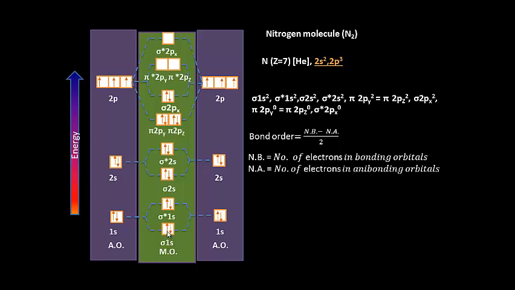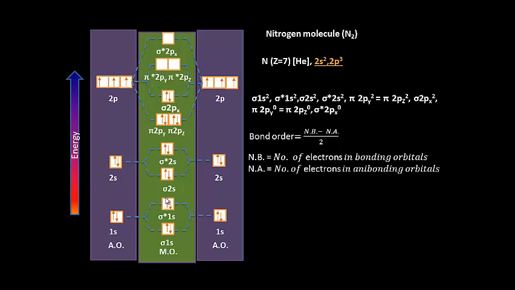Sigma 1s is a bonding orbital, sigma 2s is a bonding orbital, pi 2py and pi 2pz are bonding orbitals, and sigma 2px is also a bonding orbital. So we have 2 plus 2 is 4, 4 plus 2 is 6, plus 2 is 8, and plus 2 is 10. So there are total 10 electrons in bonding orbitals.